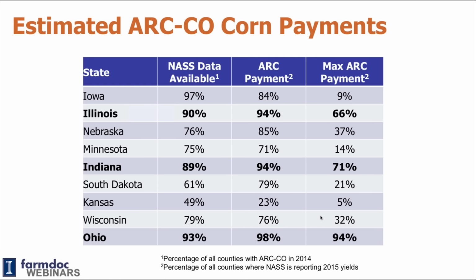Same for Indiana. Almost every county in Ohio is expecting an ARC payment. And you can see in the last column that a good portion of those, the majority, over two-thirds in Illinois and Indiana, and almost all counties in Ohio, are looking at that maximum ARC payment of 10% of whatever your county revenue guarantee is. So a lot of counties with payments, a lot of counties with big payments, I guess is the message here for corn.